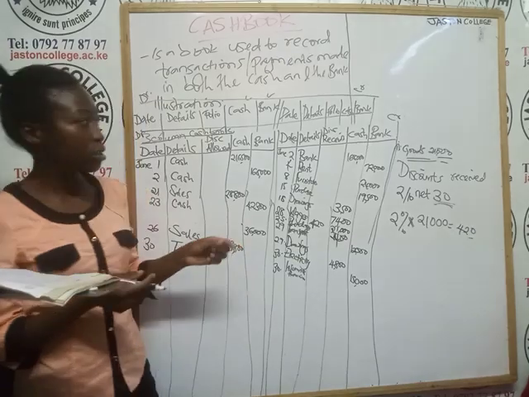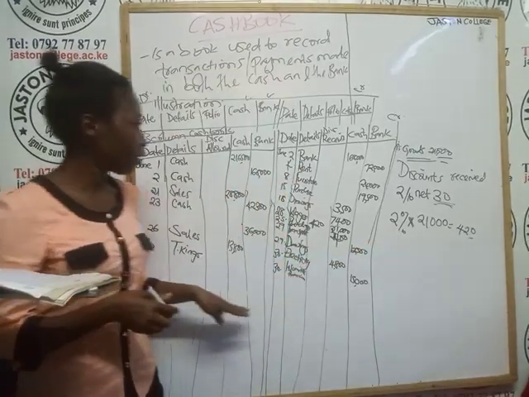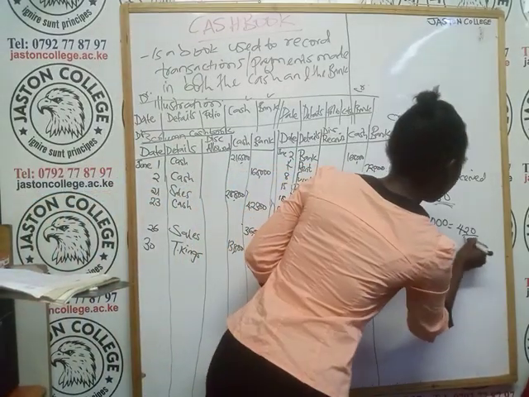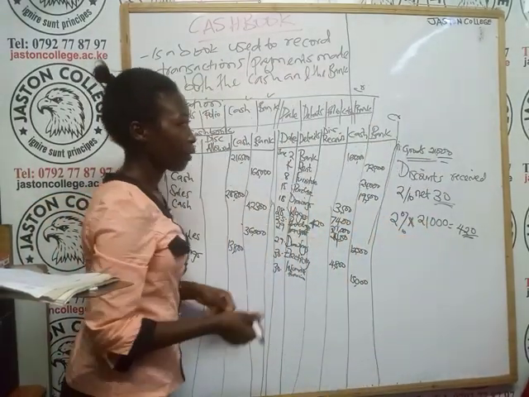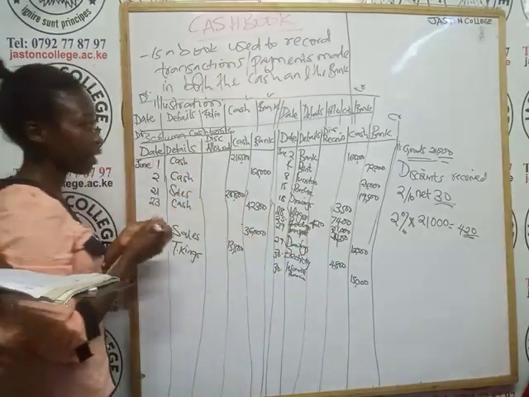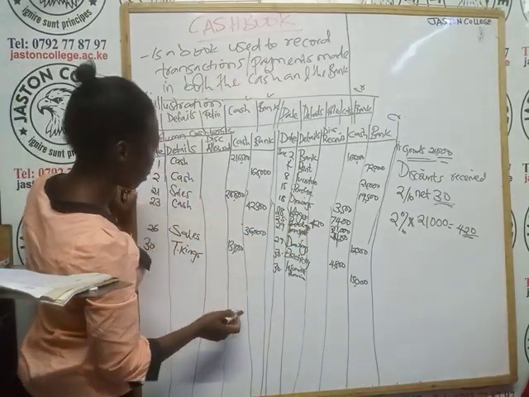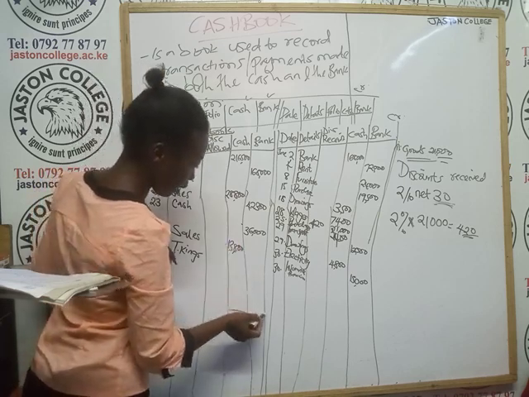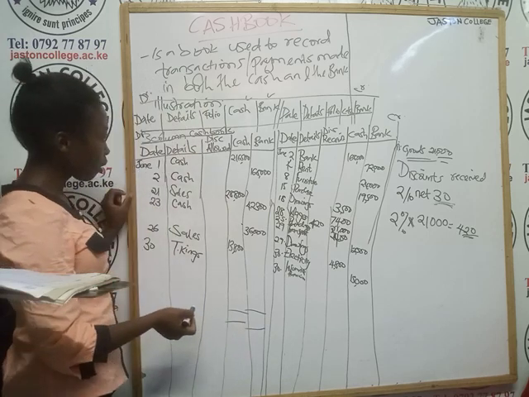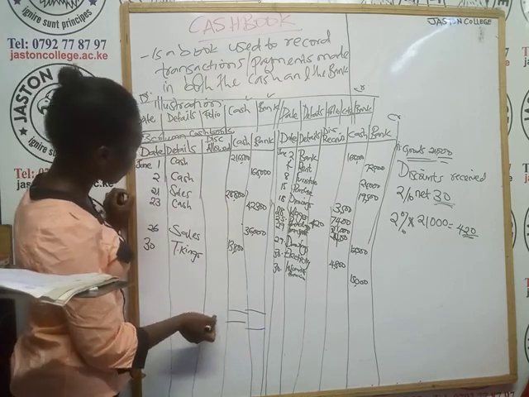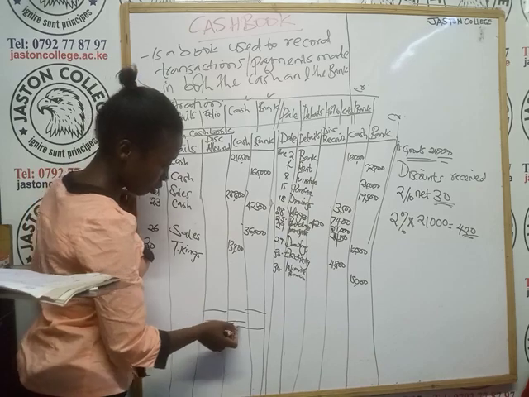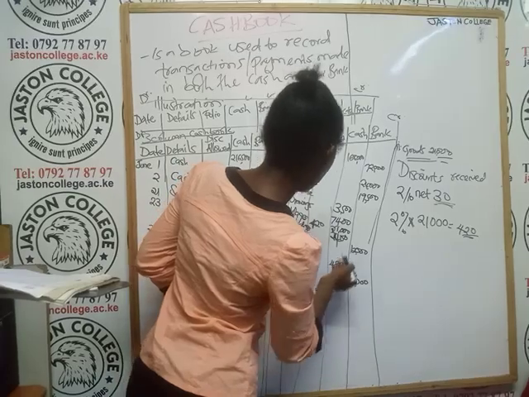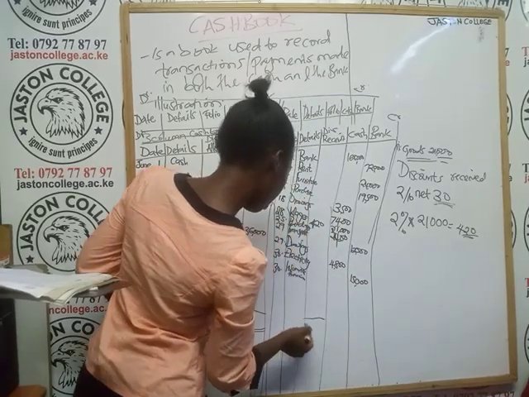So my good students, we need to calculate. So we had a discount, and we need to calculate the sum total of all this, our debit cash, and our debit bank. We also had no discount allowed, but we will adjust this. So discount received 420.